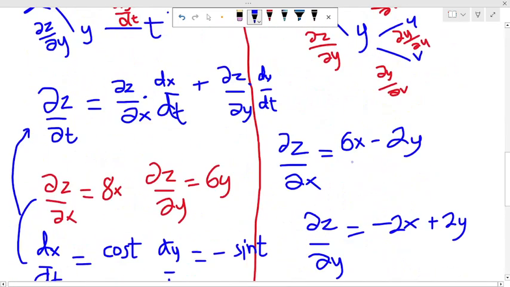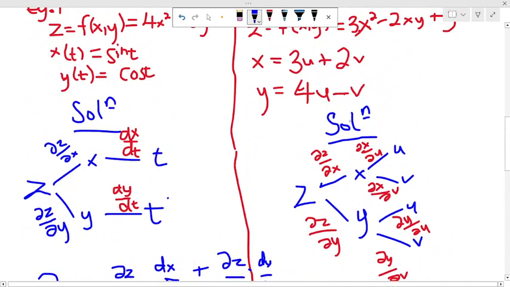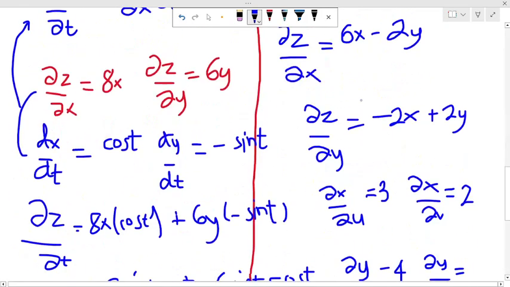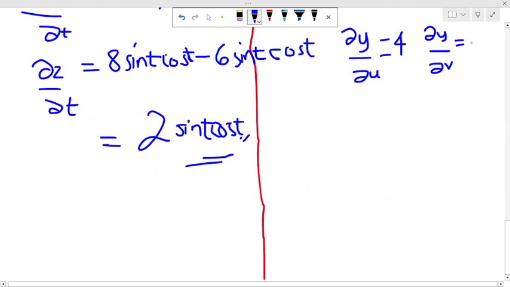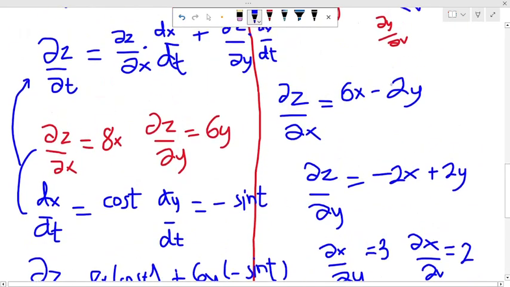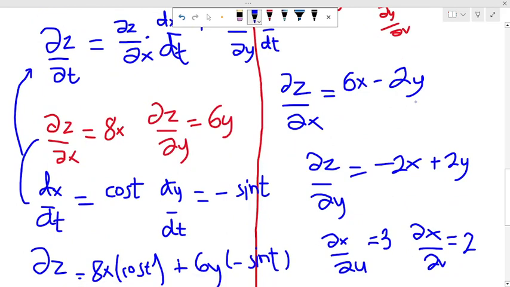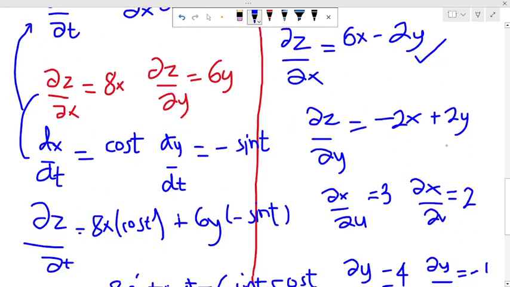Now differentiating v, this has negative 1. So now I have all the expressions here.